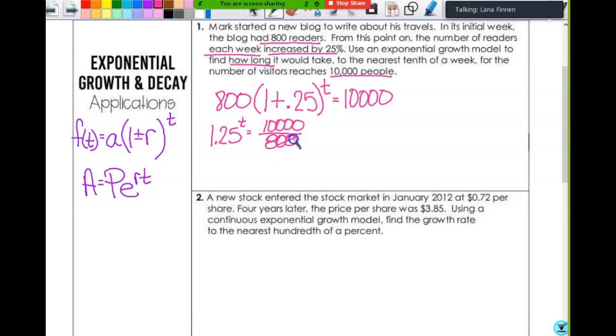And then I can knock out 2 zeros and 2 zeros, so I get 100 over 8. You don't have to reduce that because we're going to use the calculator in the end. So it's safer to leave it as 100 over 8 so that you just let the calculator take care of it. But I'm going to go ahead and make that into 1.25 to the t power equals, so 100 over 8 would be 50 over 4, which would be 25 over 2.